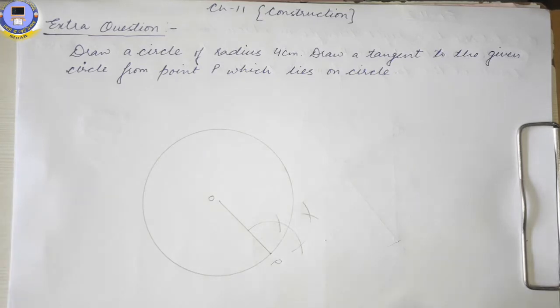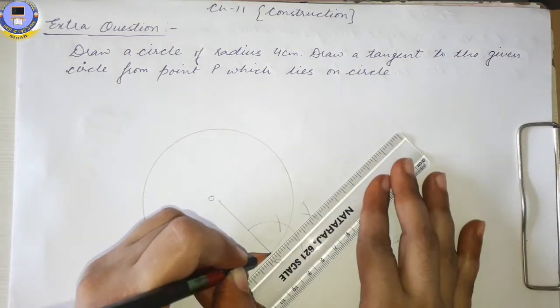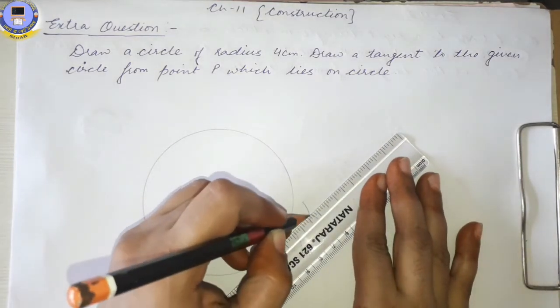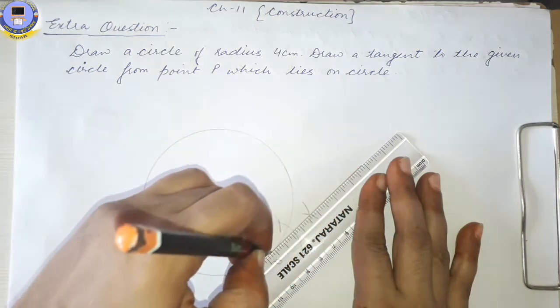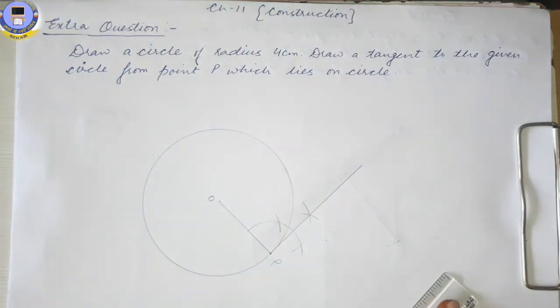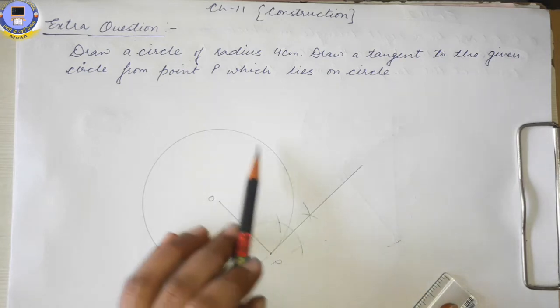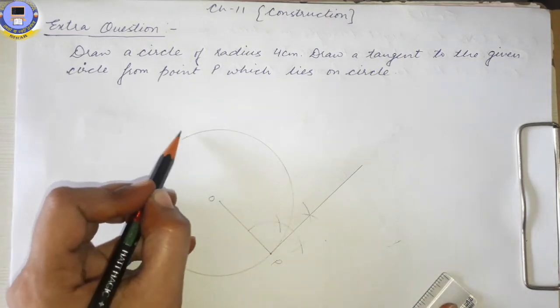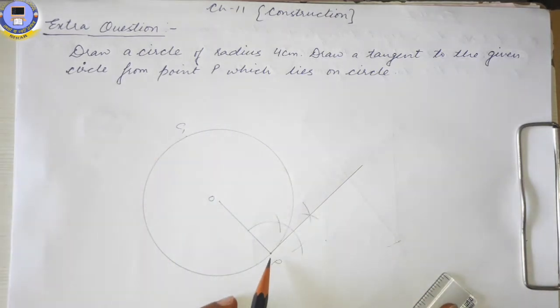Join it with P. Join it with P to get tangent to this circle. So in this way we have drawn a tangent to this given circle if a point is lying on circle.